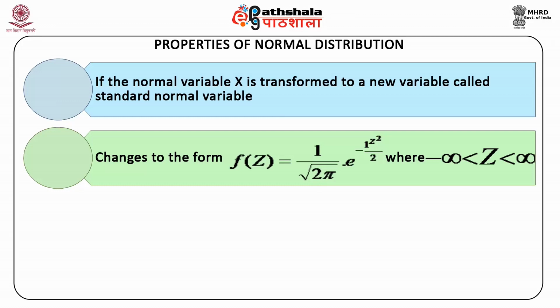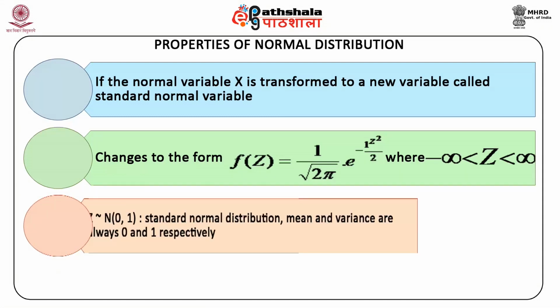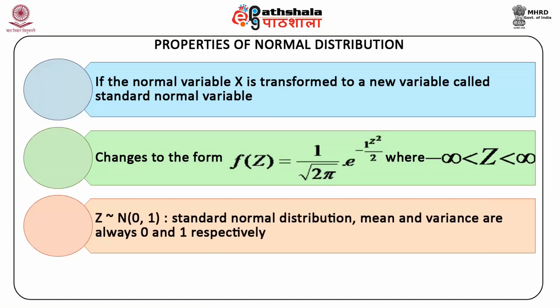This is called standard normal distribution whose mean and variance are always 0 and 1 respectively. That is, z is equivalent to N(0, 1). This distribution is unique since it does not depend on the values of the parameters mu and sigma.